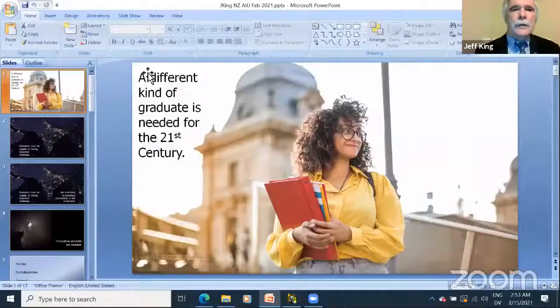With your indulgence, if I can share my screen for just one moment, I would like to provide a few visuals, which I think may be very useful to help understand a little better this approach to transformative teaching and learning.